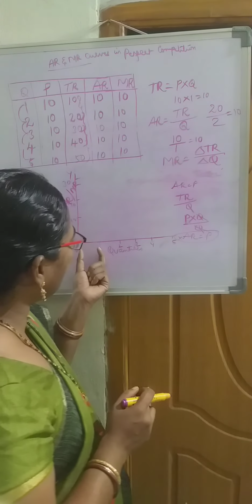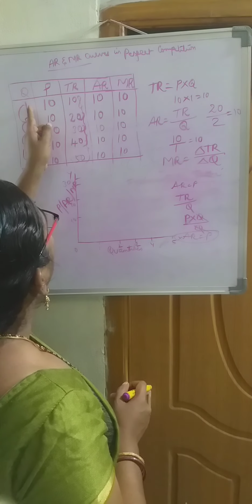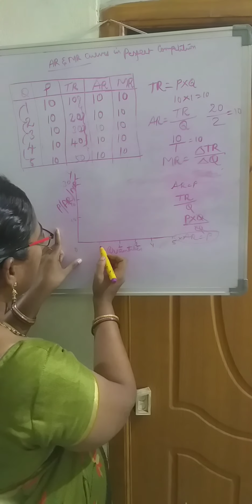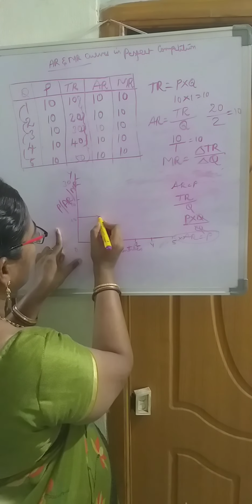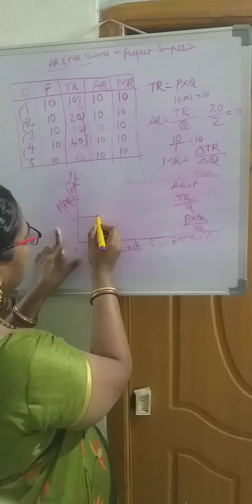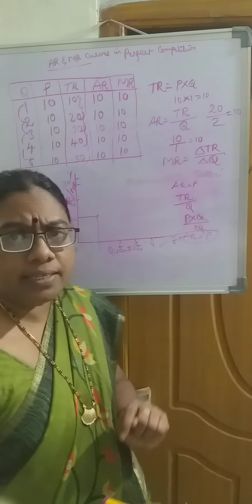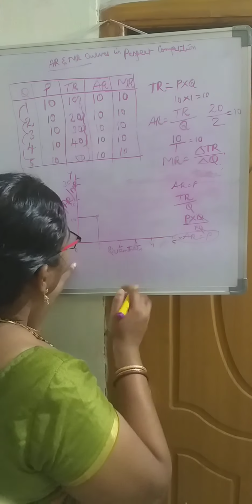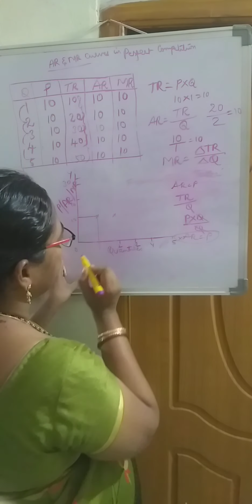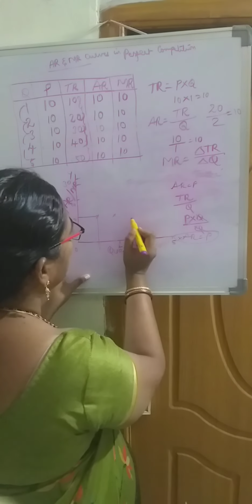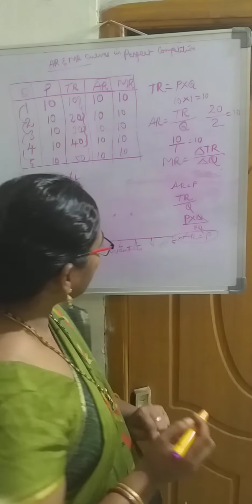Now for the first quantity, the average revenue is 10, and you get the point here. Next, for the second quantity also AR is 10. For the third quantity AR is 10.